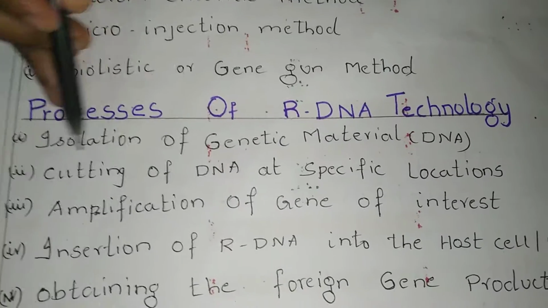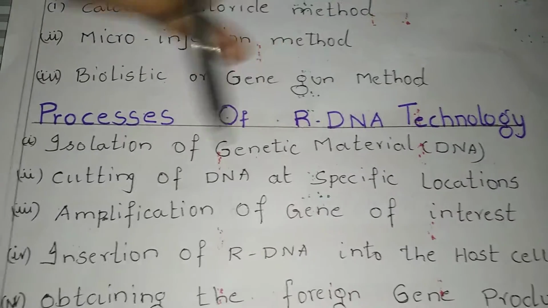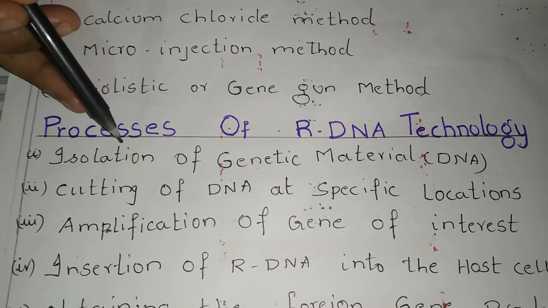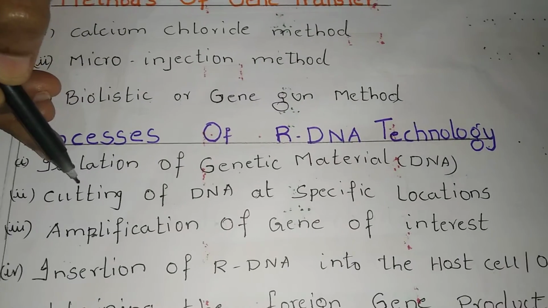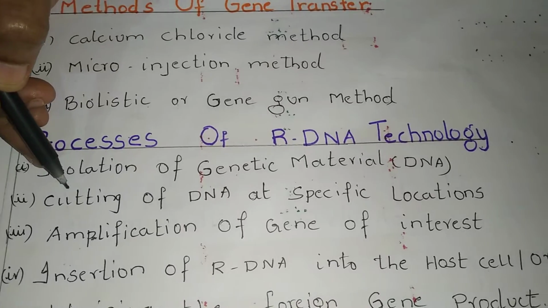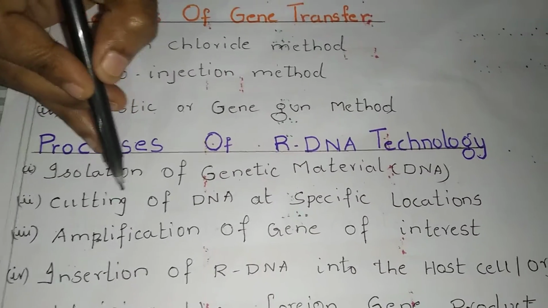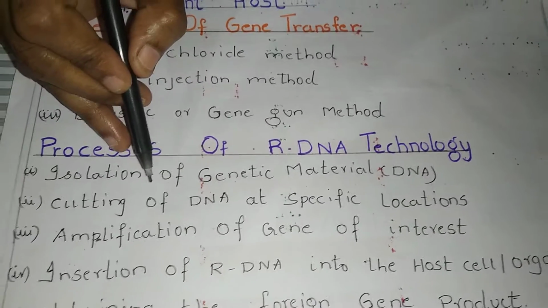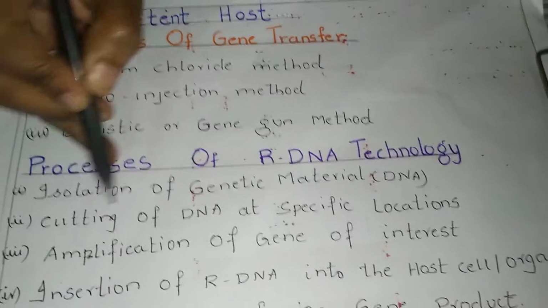So the next one is the cutting of DNA at specific locations. The purified DNA obtained in the first step and the restriction enzymes are incubated at optimal conditions, so that these restriction enzymes will begin to cut the DNA at specific locations in order to make DNA fragments.